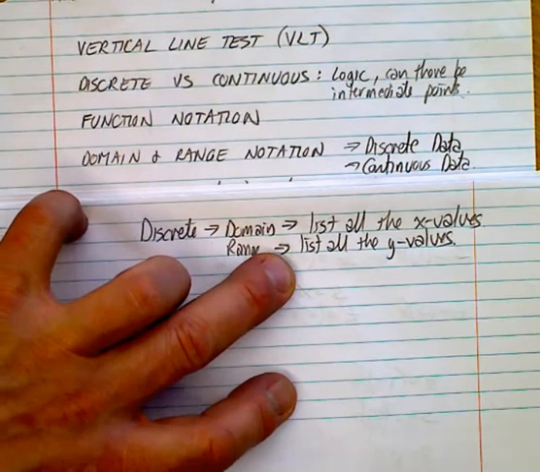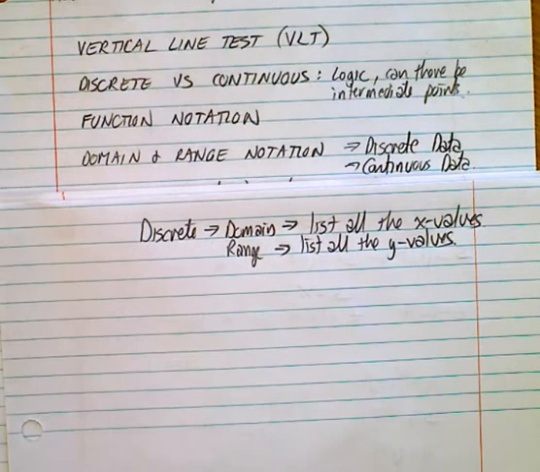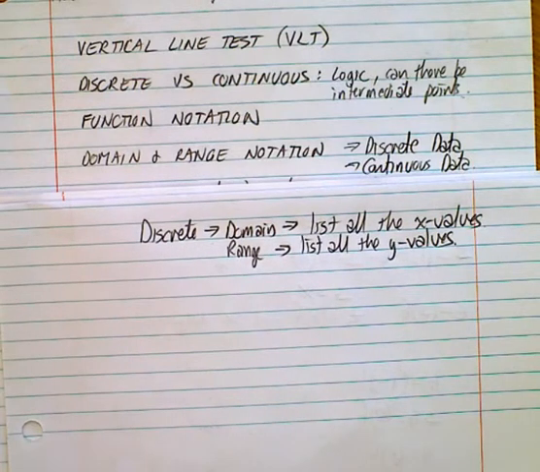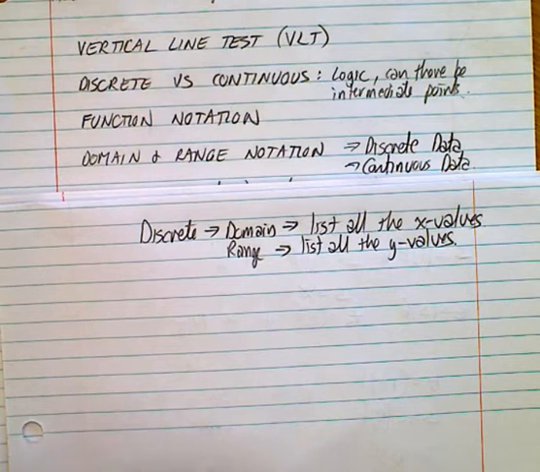Okay, so when we're looking to identify the domain and the range for discrete data, very easy. All you do is identify the x values either from your tables or from your ordered pairs or even off the graph if you want, okay? Just give me all the x values for the domain and then all the y values for the range.